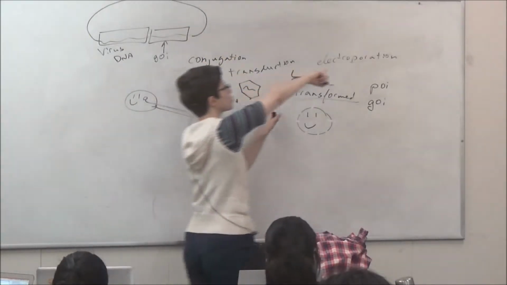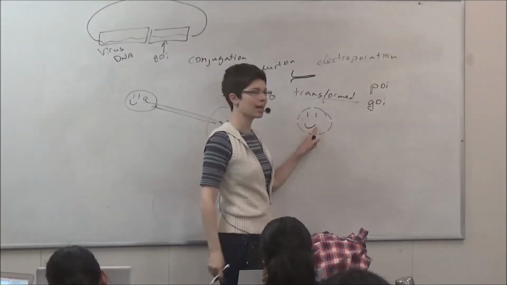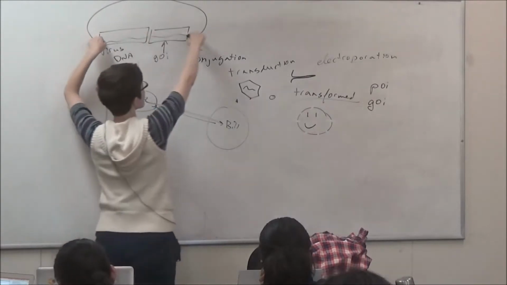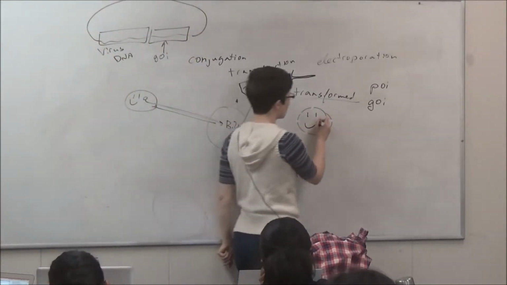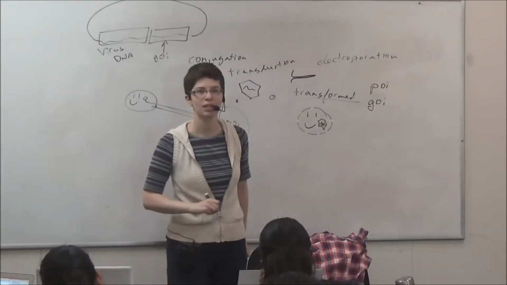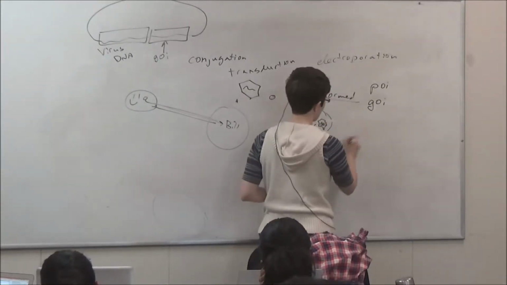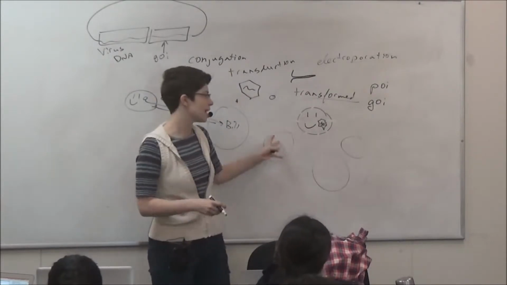Then I put this in a plasmid, and I electroporate that plasmid into Bob. And then what happens with Bob? Bob uses that plasmid to start making a bunch of viruses that have my GOI inside them. And those viruses explode out, and maybe they infect the nearby Bob Juniors, and then they make a lot of GOIs.